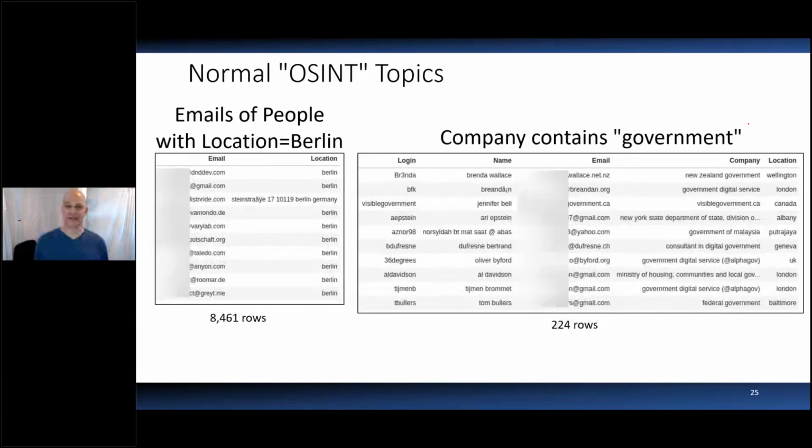Now, starting with the easy things, if you have a database or an Excel spreadsheet with name and company, and blog, email address, it's trivial to search through that for any number of things. For instance, on the left, 8,461 rows of the 39 million records identified themselves as working or living or something with Berlin in the location field.